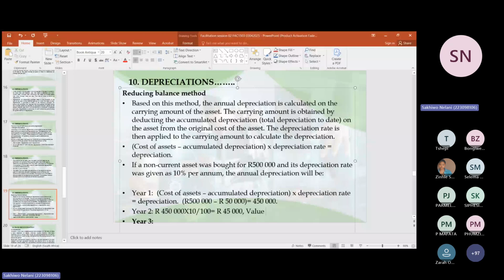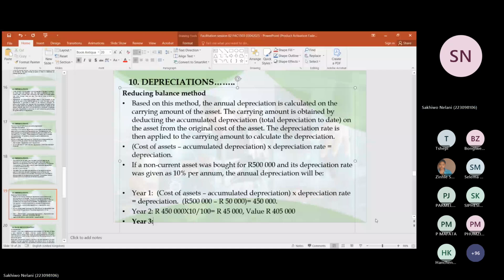Value of your car at year 2. You can see now this asset is losing value. So what is the depreciation for year 3 now? 40,500.